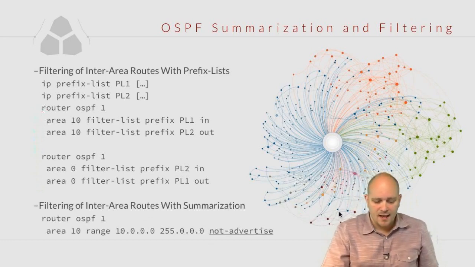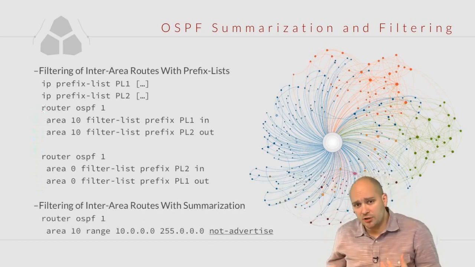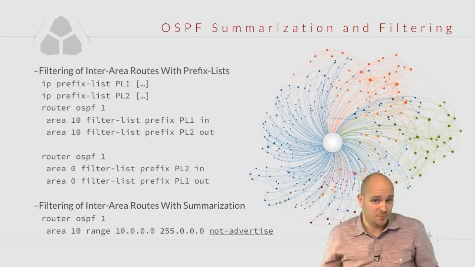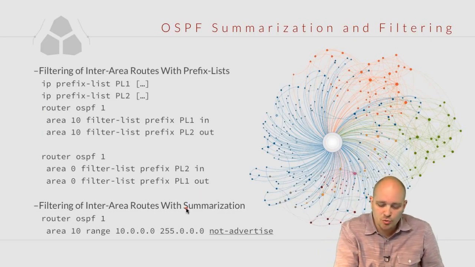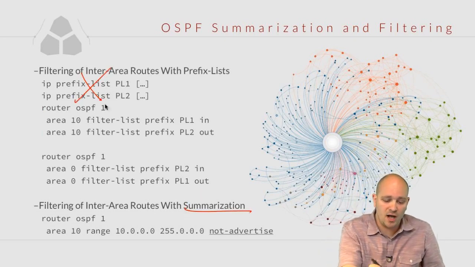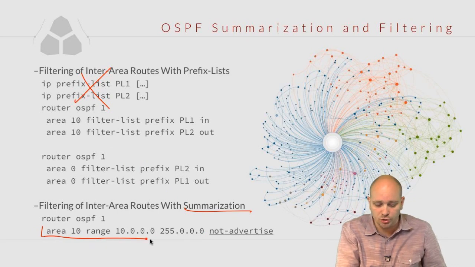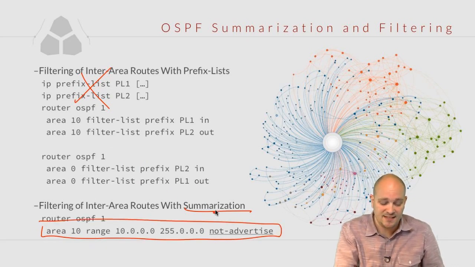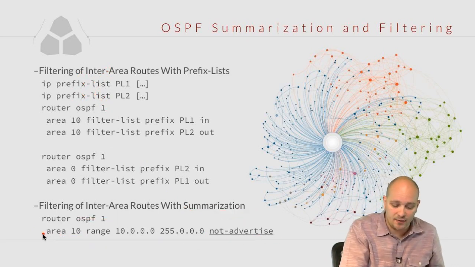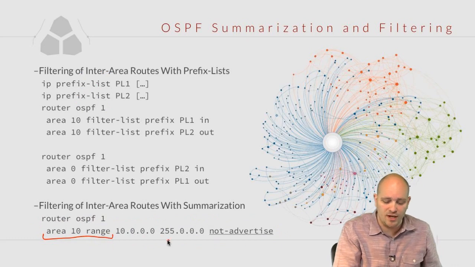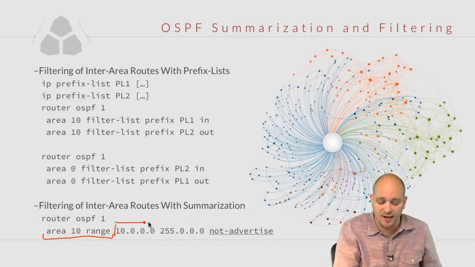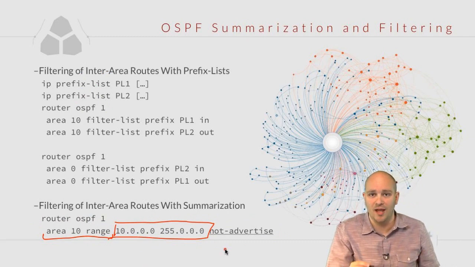Now, there is another way to filter the routes between the areas, and that is to use the summarization. So if you are uncomfortable with prefix lists and you have relatively simple filtering to implement, you can also do something like this. Now, we know that the area 10 range command is going to specify the summary that is then going to be injected into area 0.